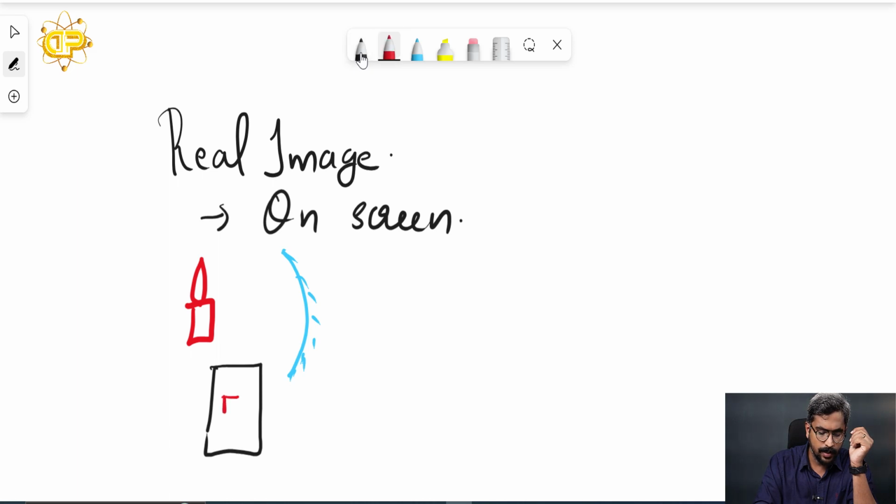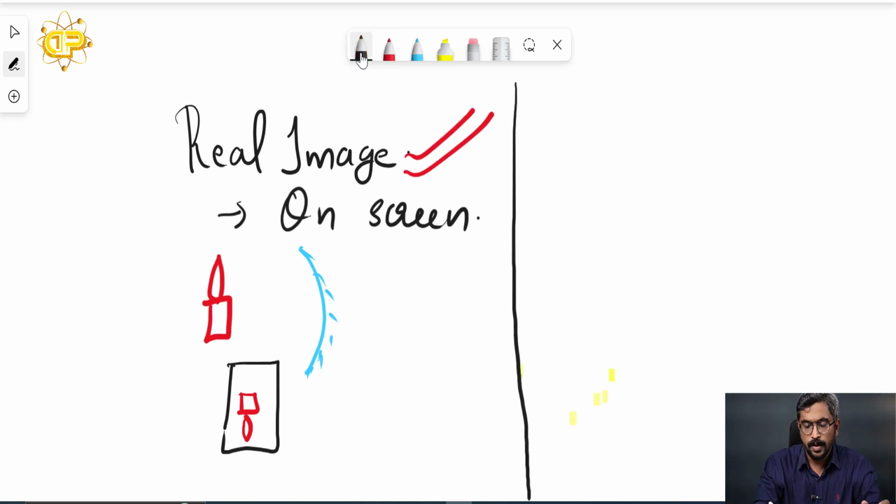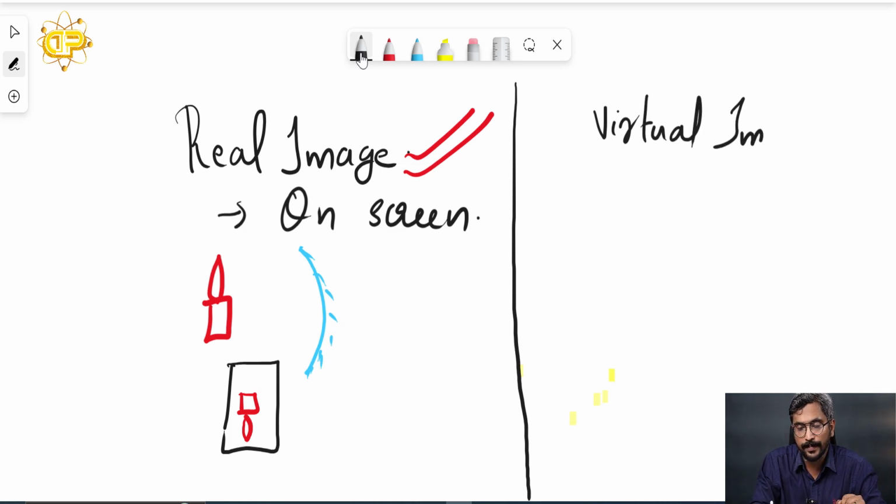This image is inverted, and you can clearly see that the image of the object is obtained on a screen, and we call it a real image. Whereas a virtual image is something which we cannot obtain on a screen. Instead, we can see that virtual image inside the mirror itself.